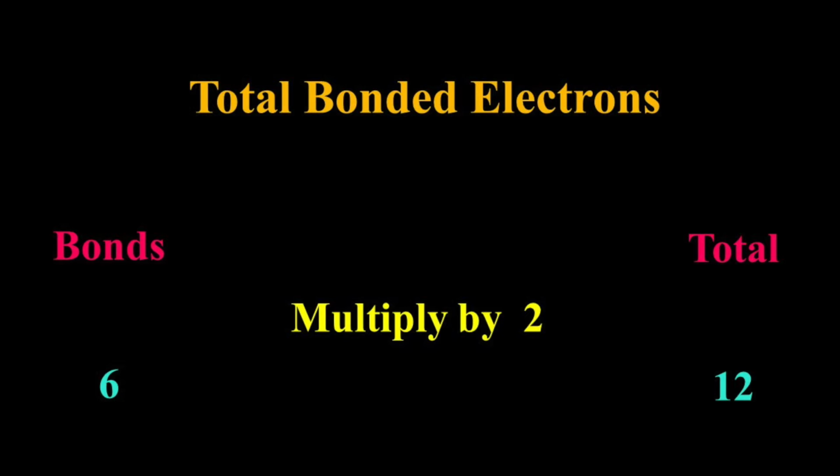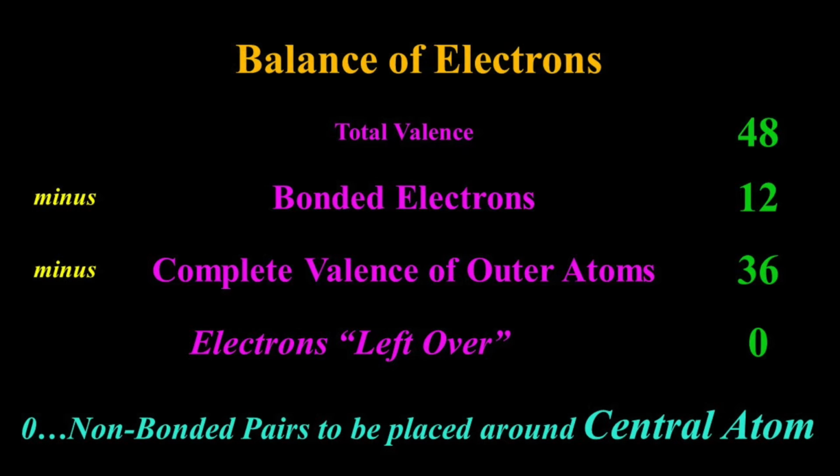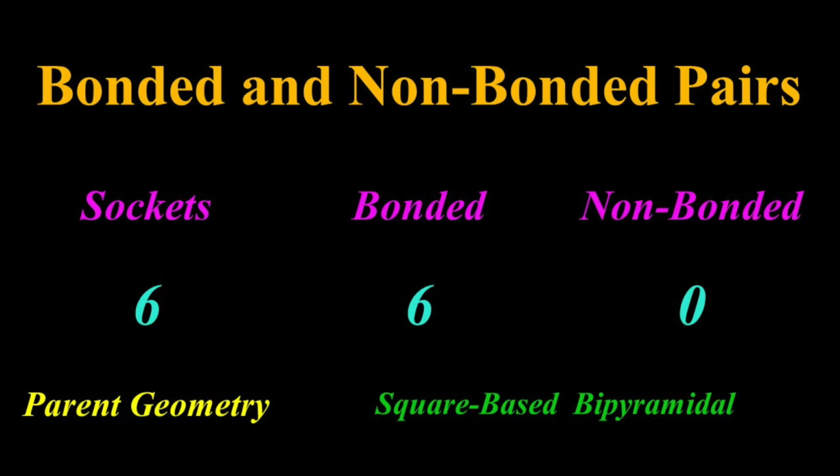So I have 6 times 2 is 12, and I have 6 outer atoms times 6 is 36. So I have 48 total valence electrons. I'm going to subtract 12 and subtract 36. I have 0 left over. So therefore, I'm going to have 6 bonded, 0 non-bonded.